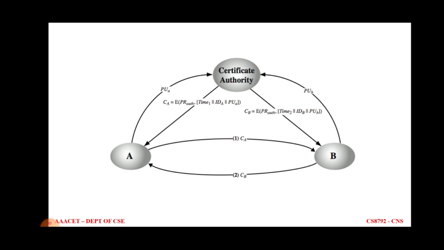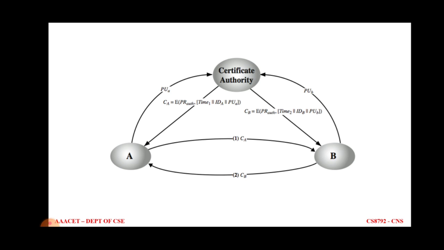So this is the concept of the certificate authority. Each individual goes to the certificate authority, registers their own public key and gets some certification. Then anyone who wants the particular key can go to the certificate authority and request some information, and they can easily retrieve the particular data from the certificate authority.